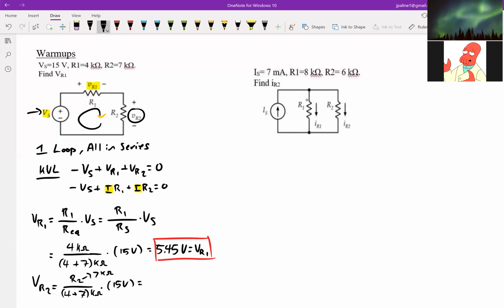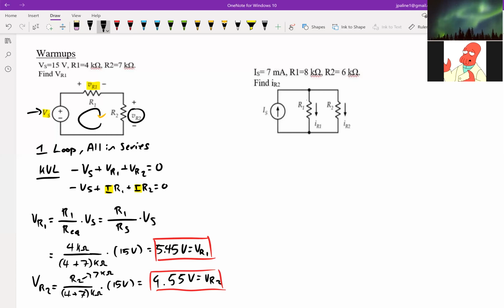And this will give us 9.55 volts, which, if we added those two together, would give us 15, which satisfies the conservation of the voltage.